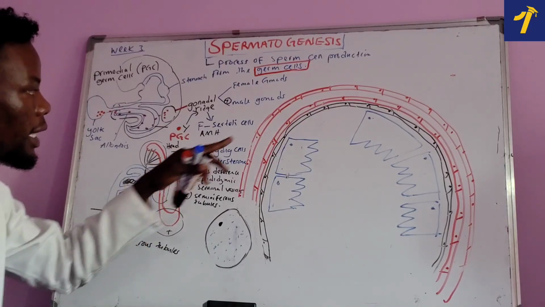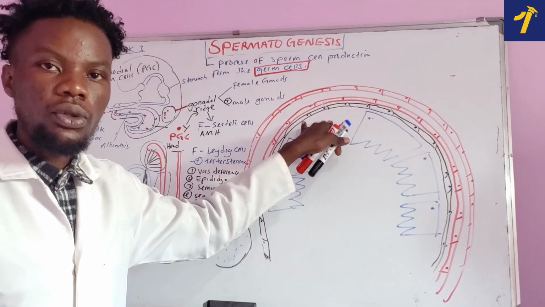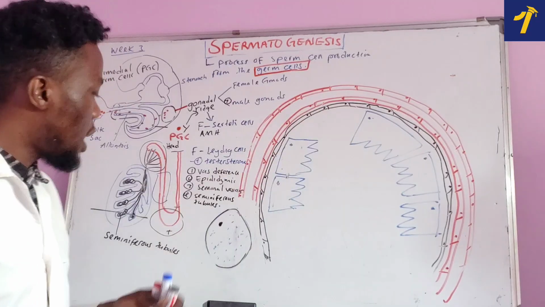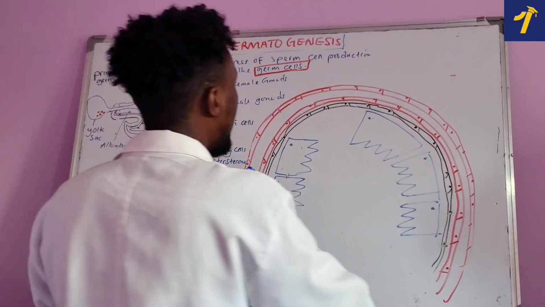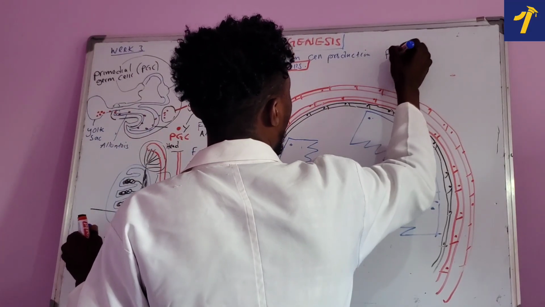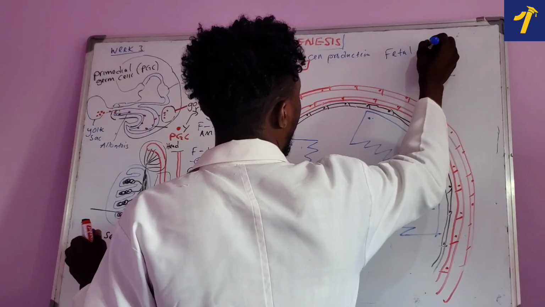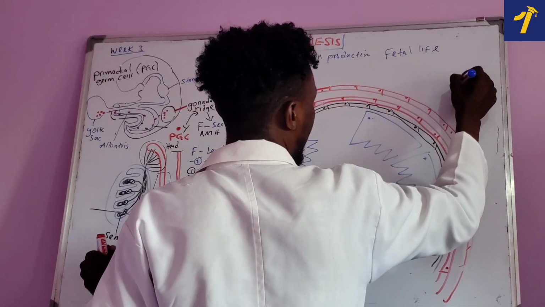Now the moment they are in the seminiferous tubule, they are going to change their name. What we need to understand is the difference between fetal life and adult life.